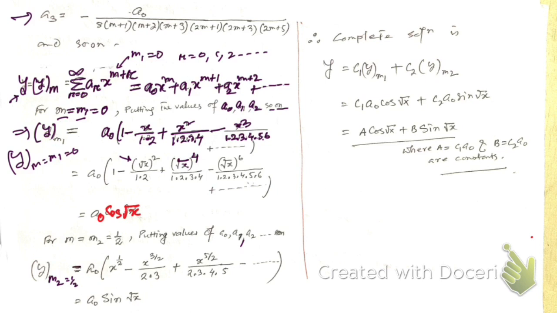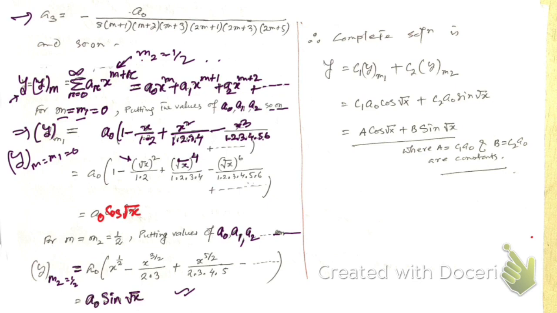So instead of m, if we put m2 equal to half, and putting r equal to 0, 1, 2, 3 and so on, and if we put the values of a1, a2 and so on, then we're going to get this series. And this series is given by a naught sine root x.